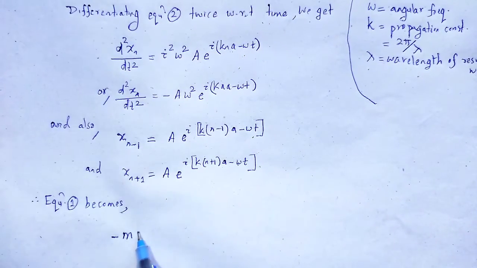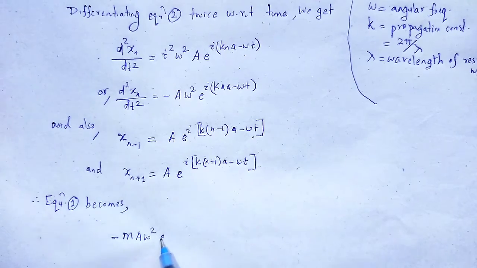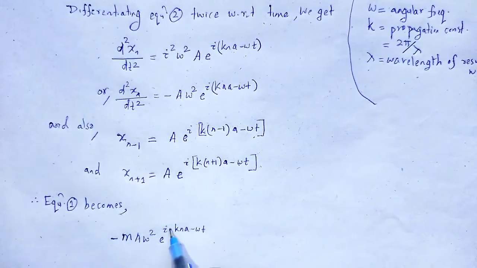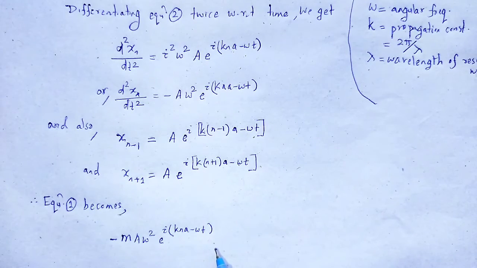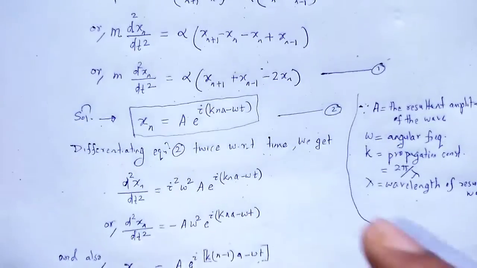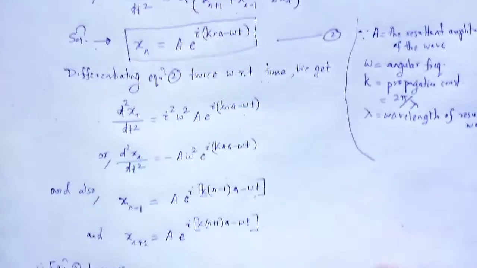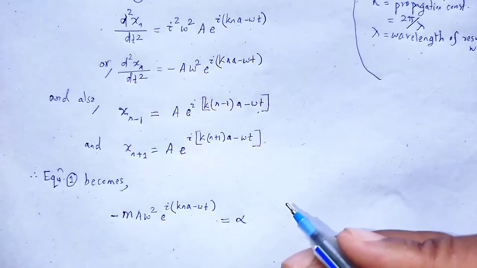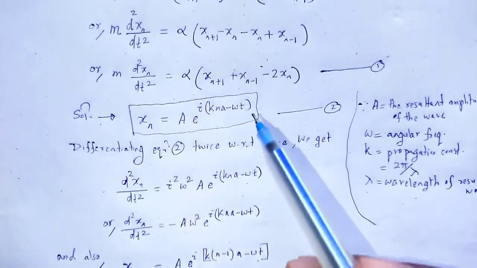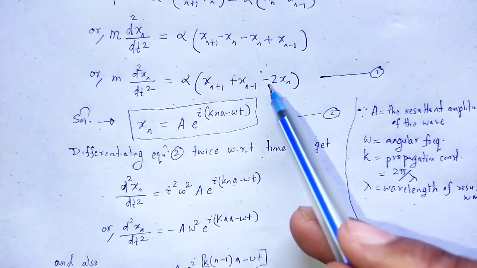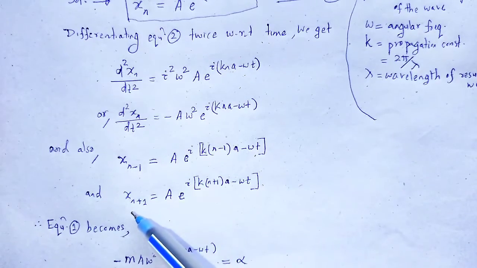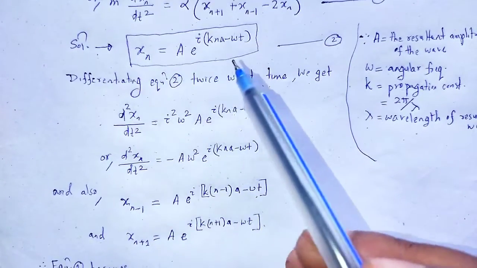So minus m A omega square e to the power i(k n a minus omega t) is equal to alpha whole into (x_(n plus 1) plus x_(n minus 1) minus 2 x_n).